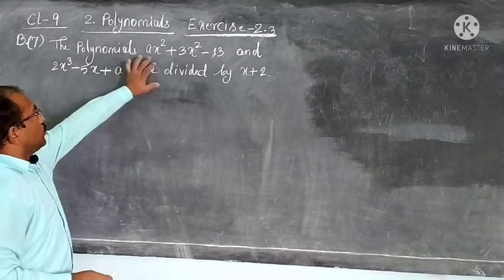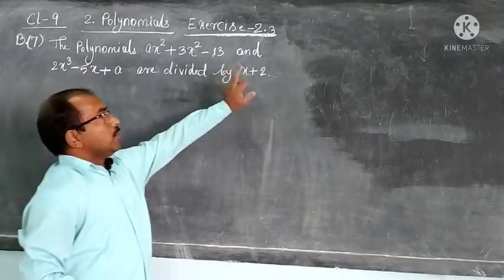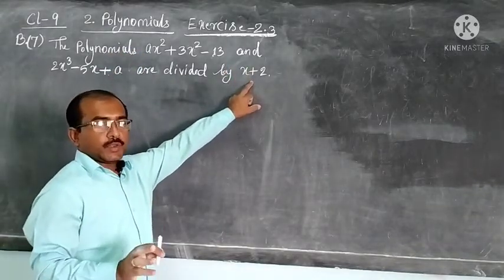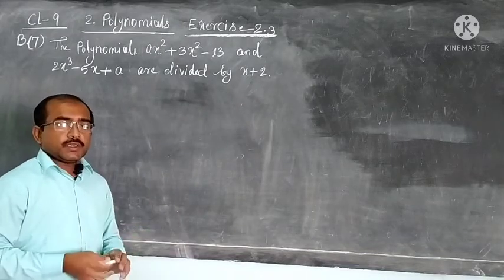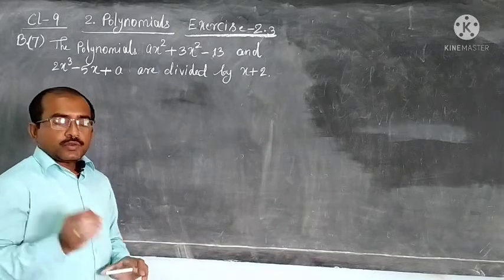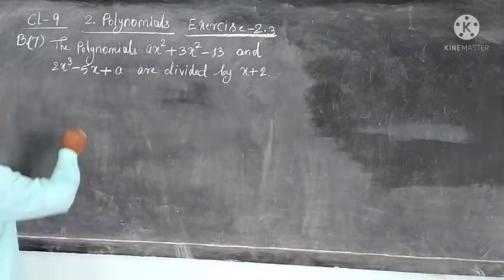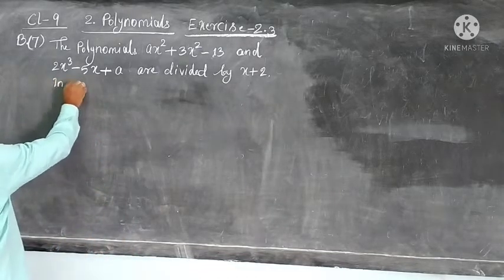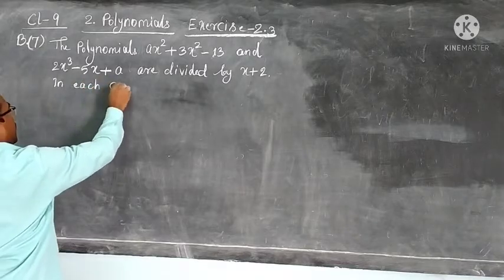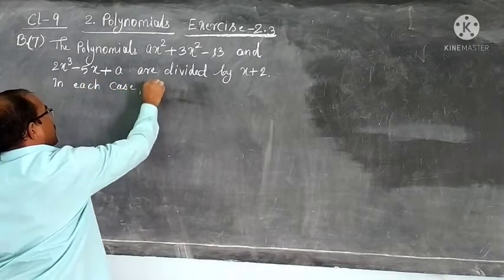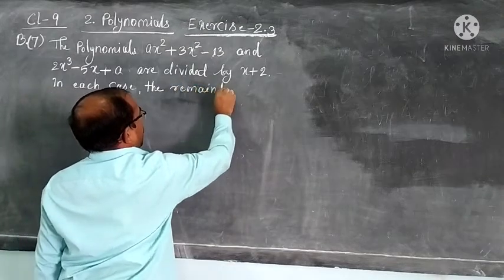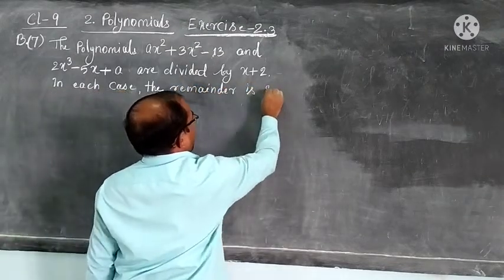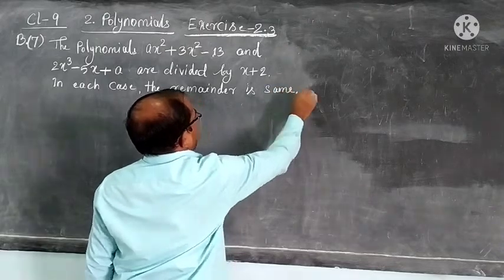So, there are two polynomials and the divisor is only one, x plus 2. When we divide, the question says that the remainder in each case is the same. So, let us start with that condition. In each case the remainder is the same.